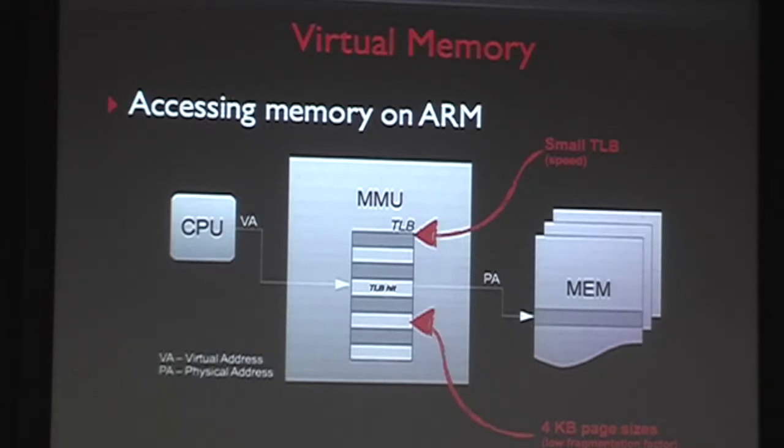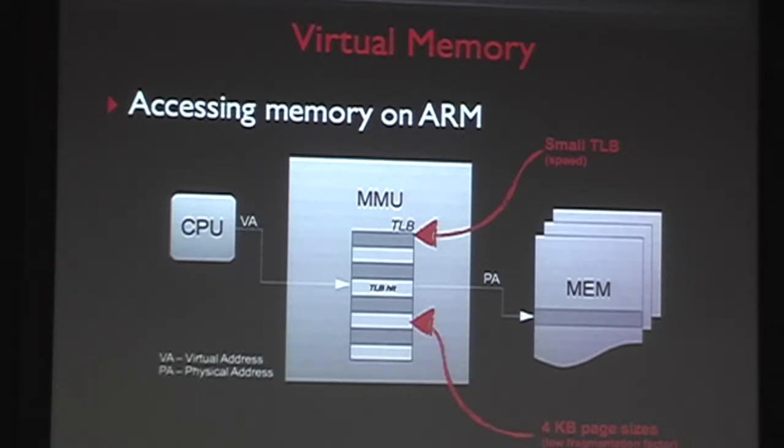Usually, contemporary processor architectures support more than one page size. On ARM, there are 4 page sizes when using the short descriptor format. It means that when we are not using Large Physical Address Extension, these are 4 kilobyte pages, 64 kilobyte pages, 1 megabyte pages, and 16 megabyte pages.